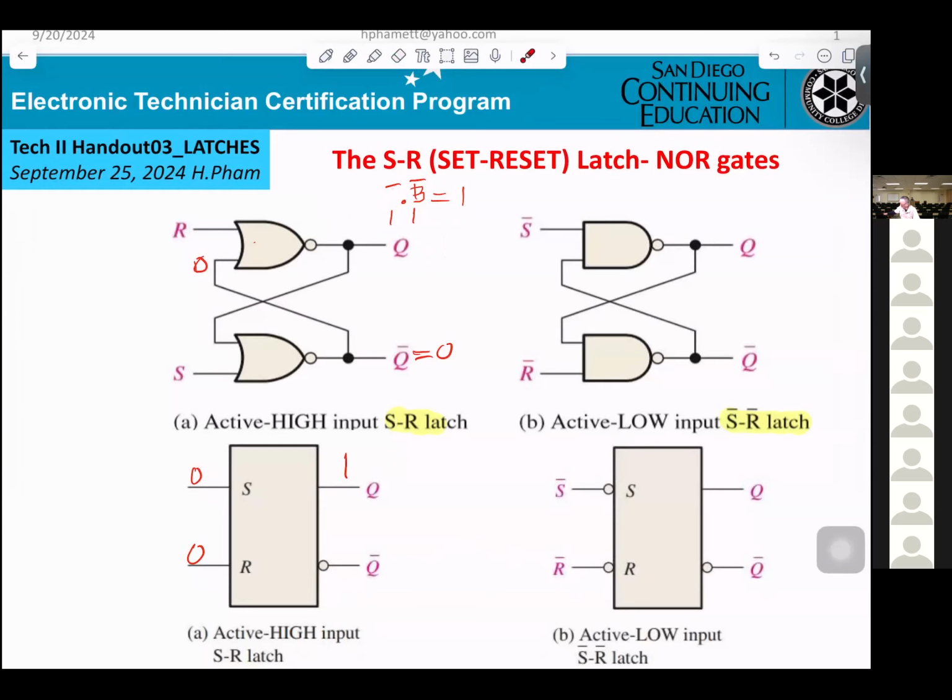Not S and not R. You see that on this part here and this part here, they get the same S input, R input, Q and not Q out.